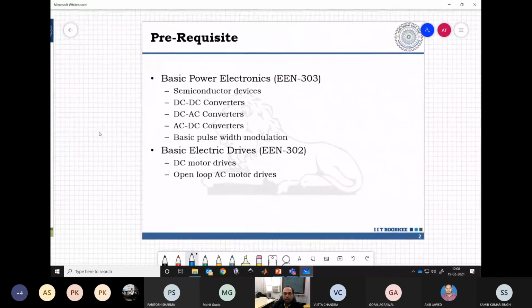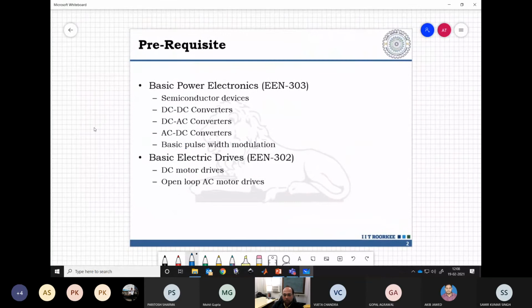Some prerequisites are there for this course, which are basic power electronics and basic electric drives. This is particularly for the people who are in MTech first year. They must have taken this course, and for those in PhD first year, that is all right. You need not worry.